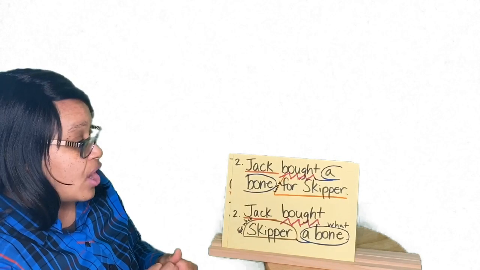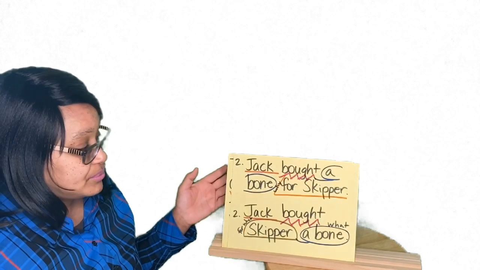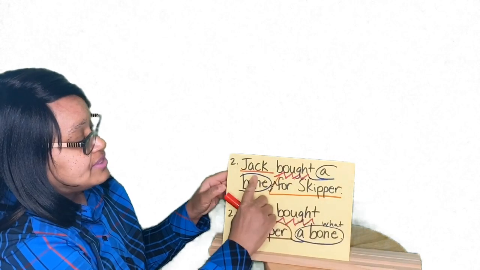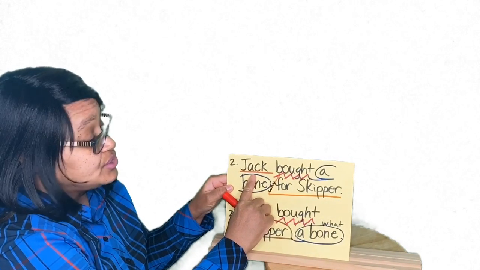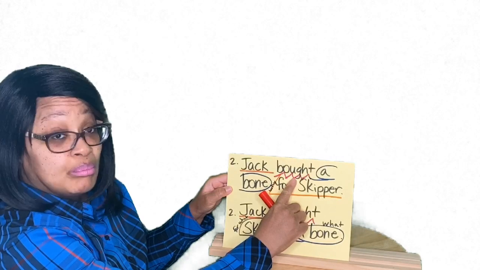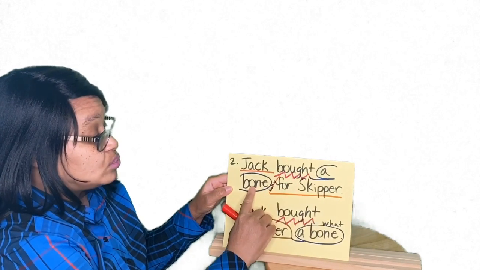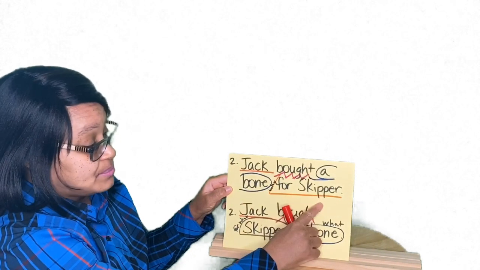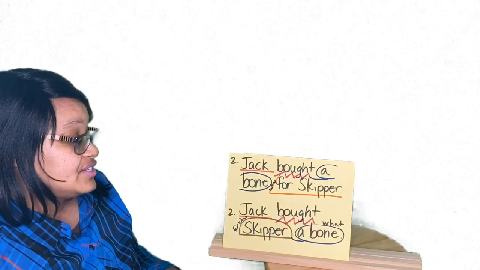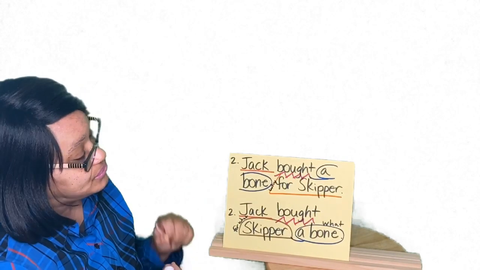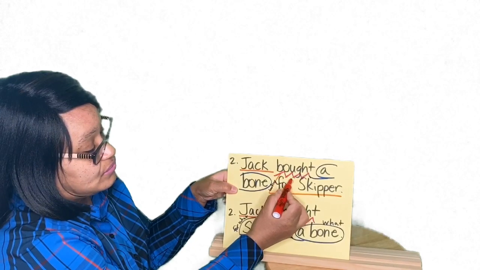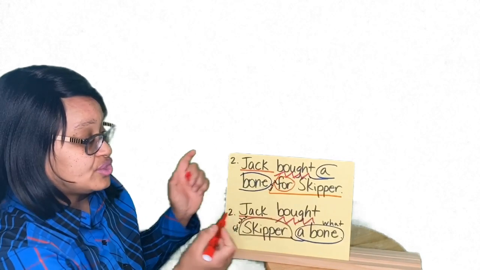Jack bought a bone for Skipper. So here we have our subject, Jack. What did he do? He bought. Bought what? A bone. Why? For Skipper. Okay, so if we move this for Skipper, we're going to answer that question, why?